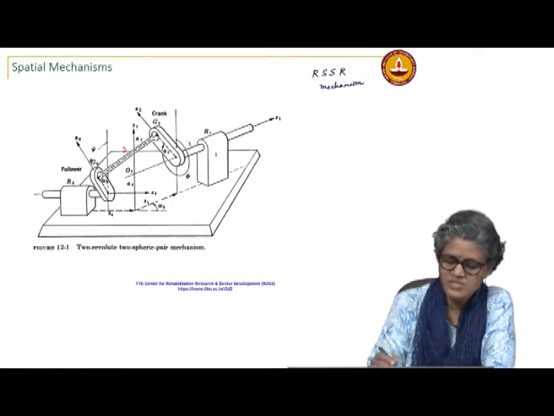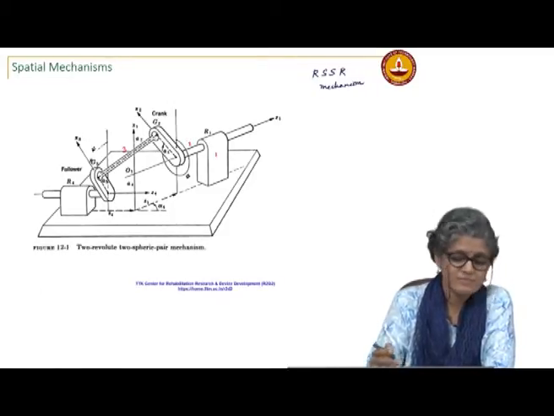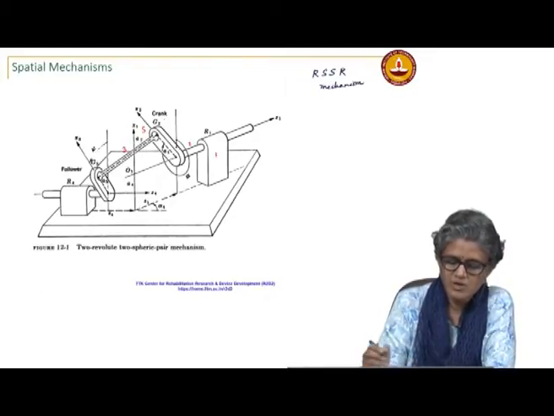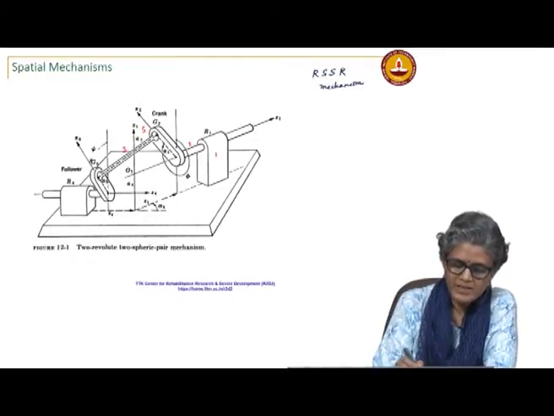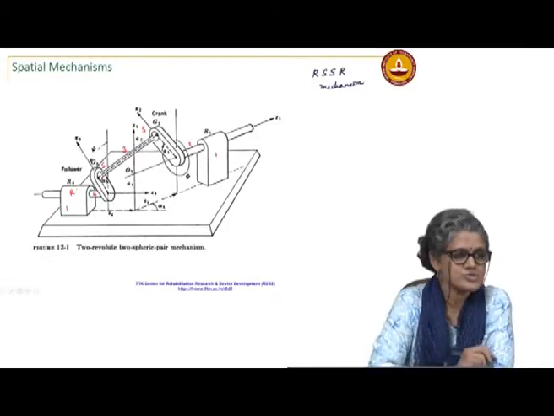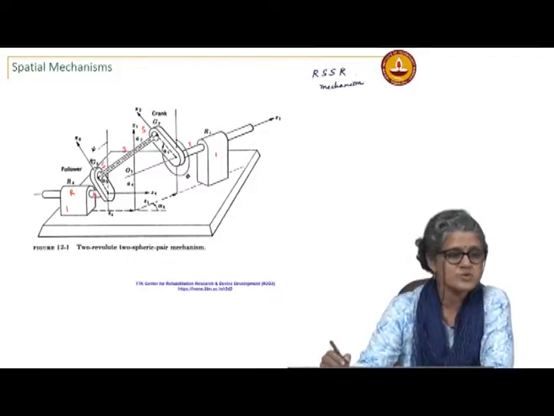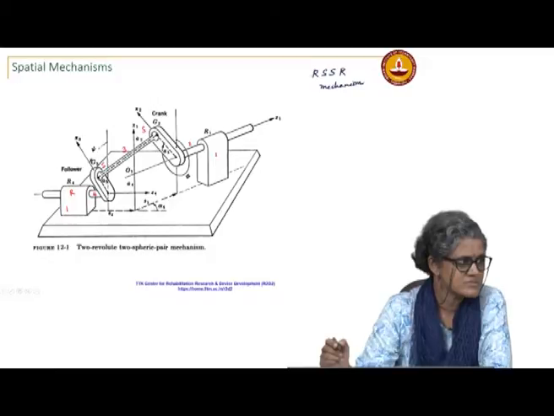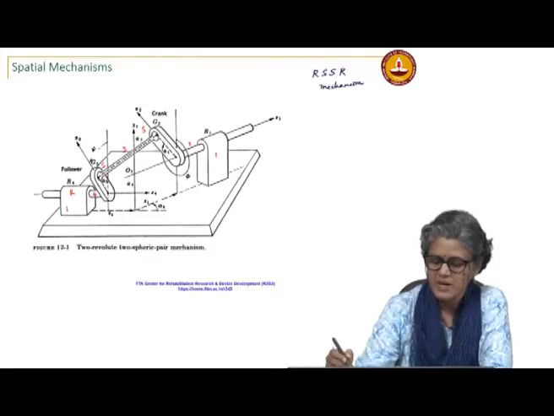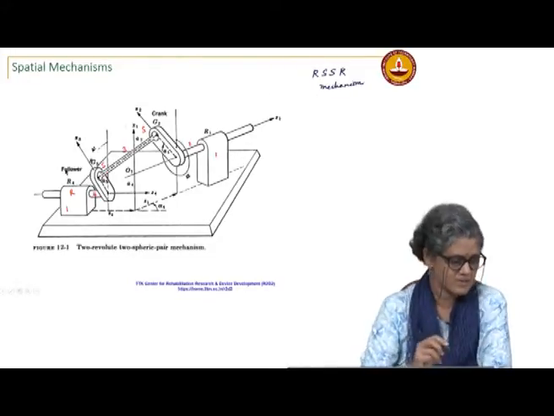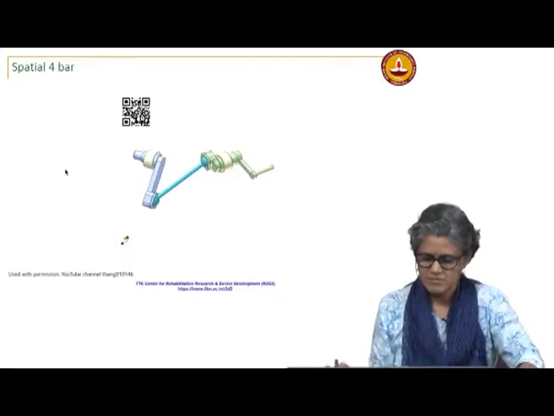The joint between links 2 and 3 is a spherical joint. Here they call it globular, but that is a spherical joint. Then the joint between 3 and link 4 is also a spherical joint, and then 4 and 1 is a revolute joint. So, this would be typically referred to as an RSSR mechanism. It is a spatial 4 bar. I think I have a video of that. Let me show you that.